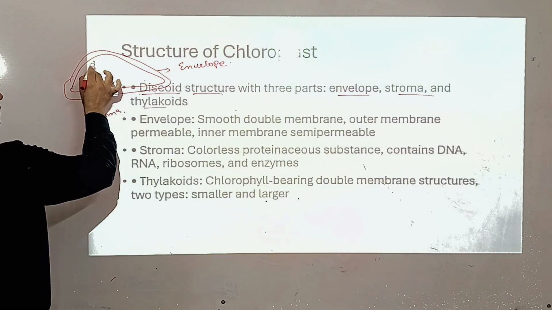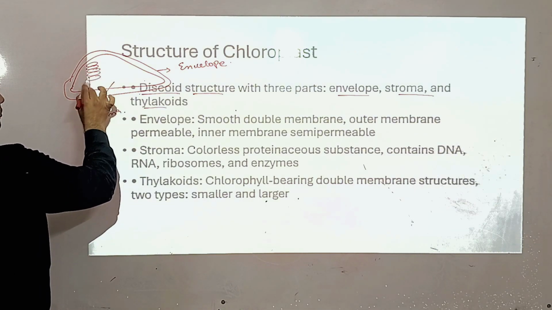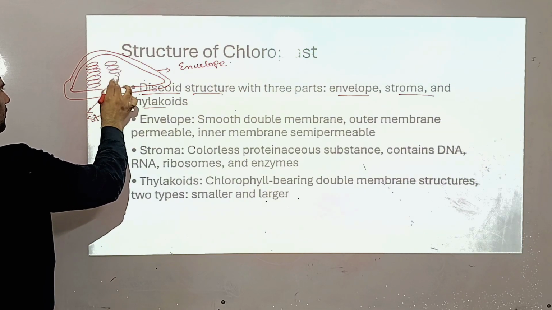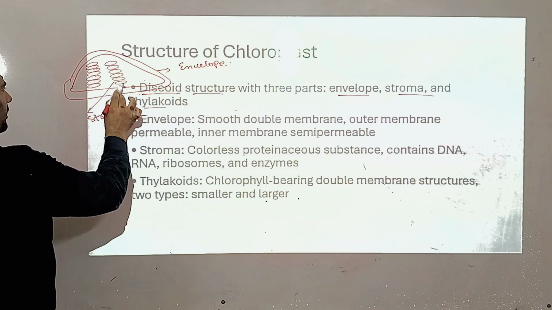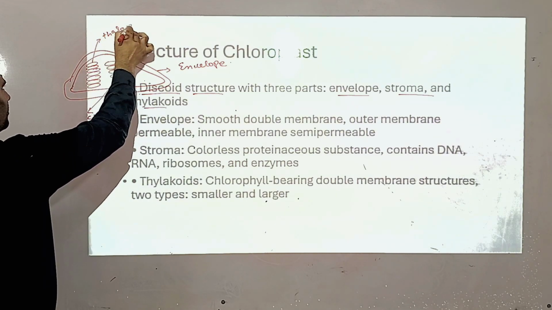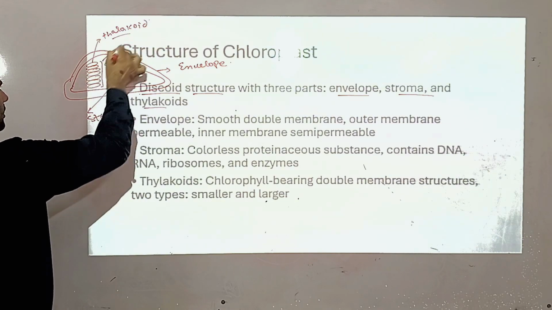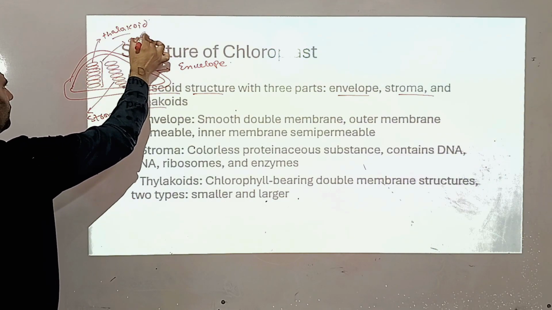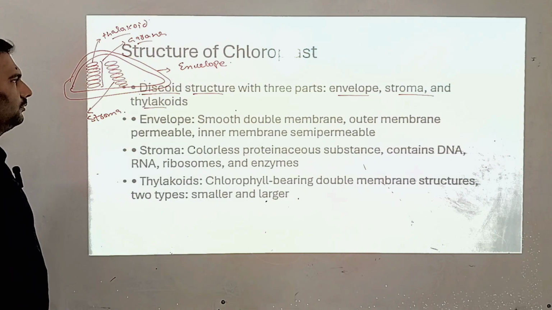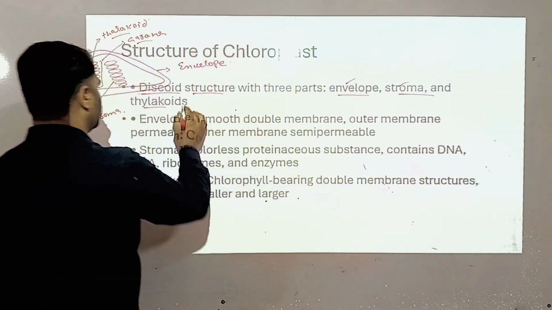There are also structures in the form of coins. These are known as grana, which are piled up coins, and a single coin membrane is known as thylakoid. The full piled up stack is known as grana. So the structure consists of envelope, stroma, and thylakoid.